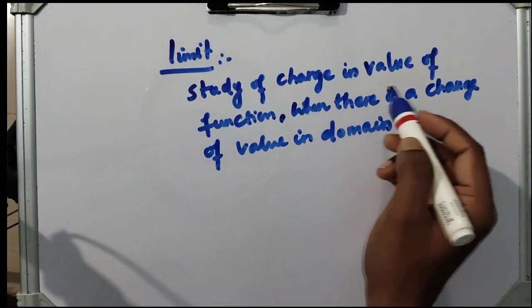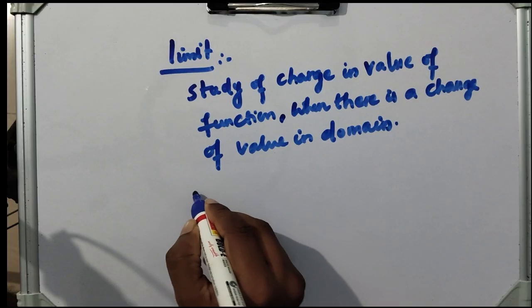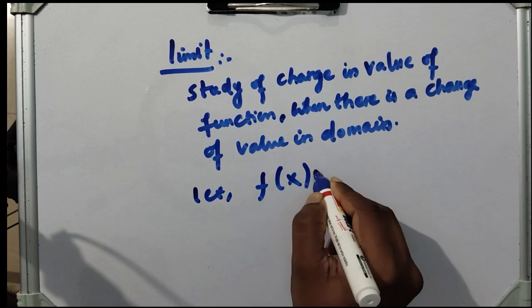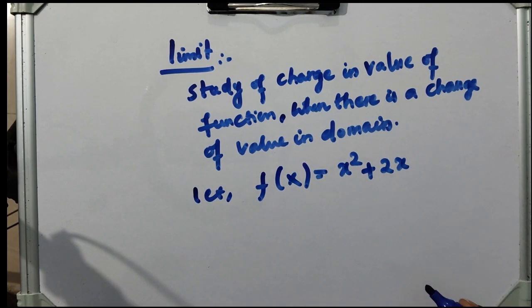Okay, change in the value of a function. We know relation and function. So let's say f of x is equal to x square plus 2x.